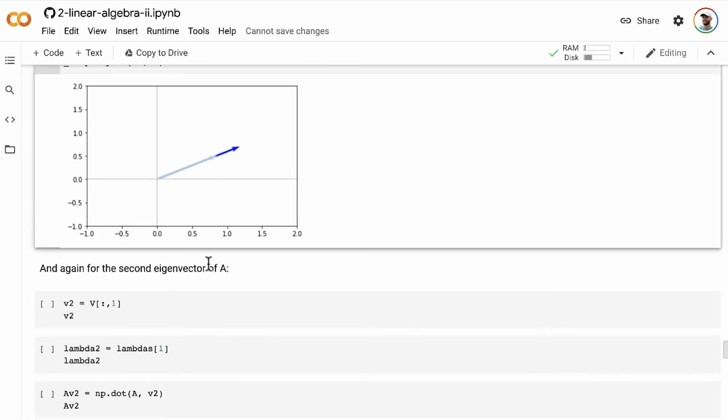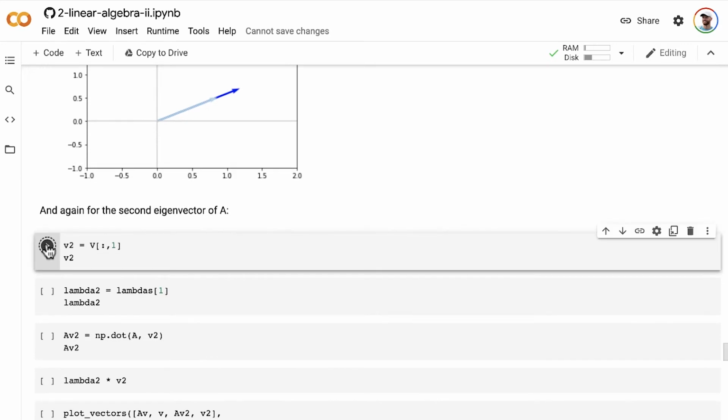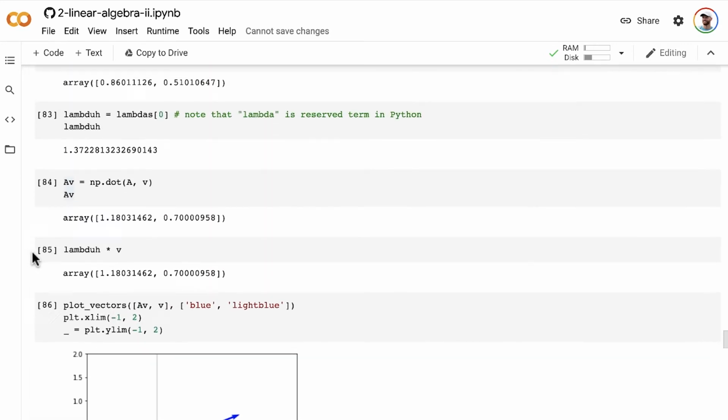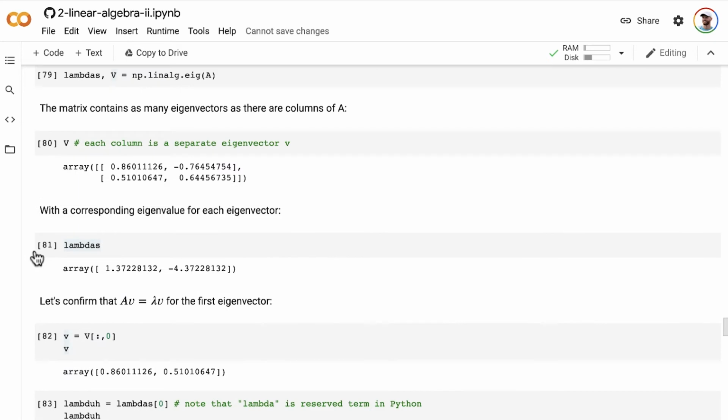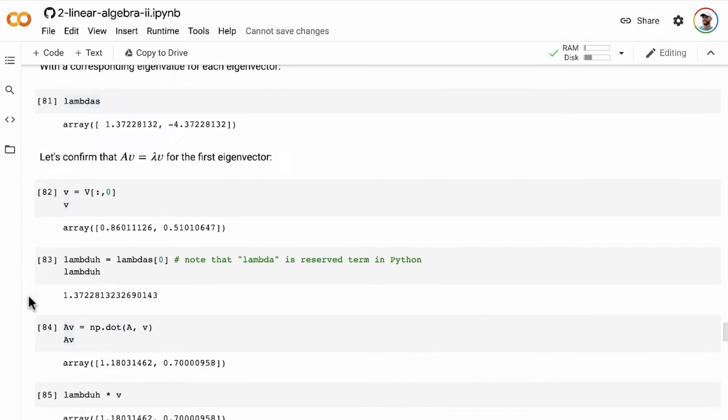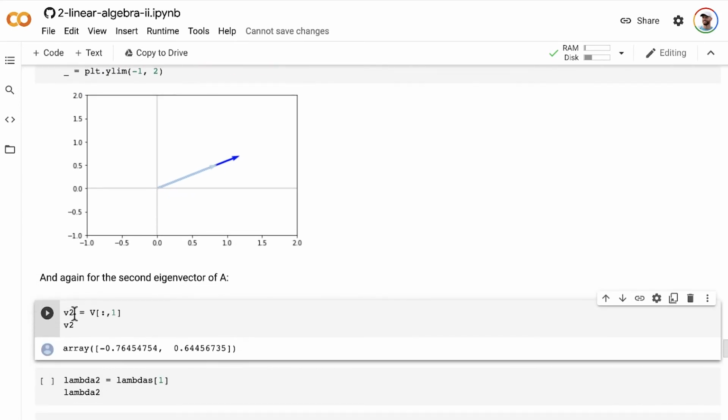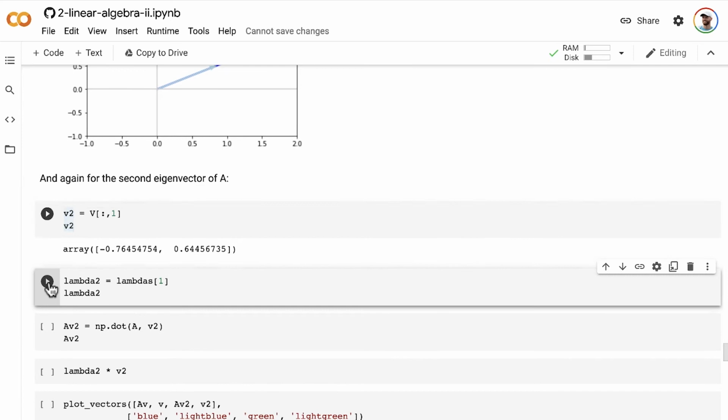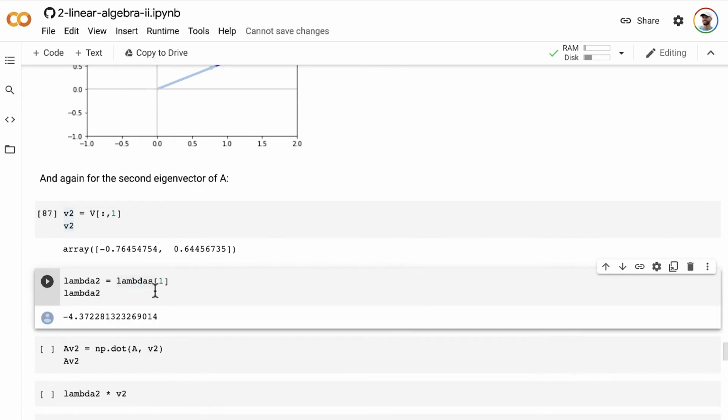And we can show this again for the second eigenvector of A. So let's grab the second column of our matrix V here. So this is our second eigenvector now. And we put that into this variable v2, and we grab our second eigenvalue from our vector of eigenvalues.